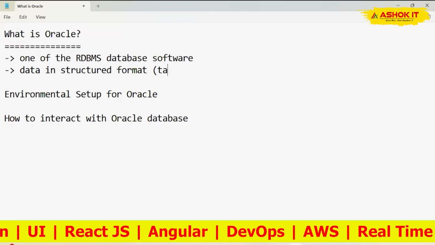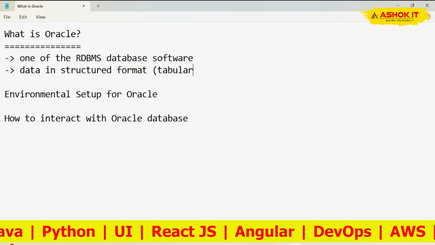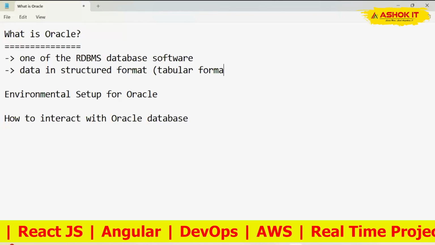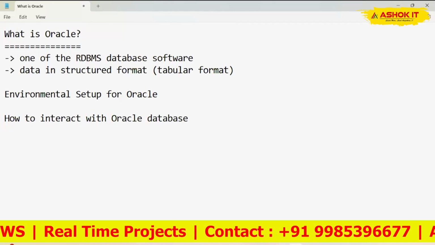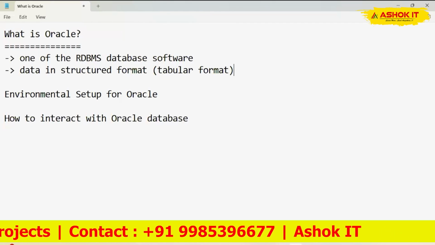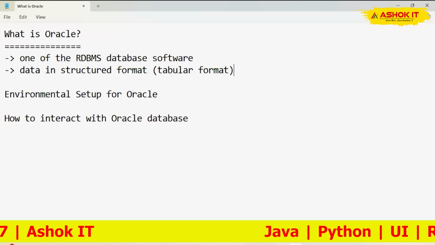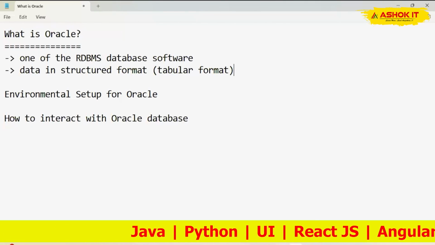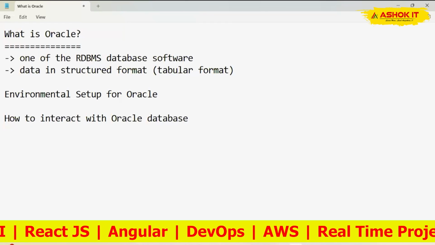It can maintain the data in table format, that is, in a two-dimensional format of rows and columns. In Oracle, the data is always stored, maintained and retrieved using the popular programming language called SQL.